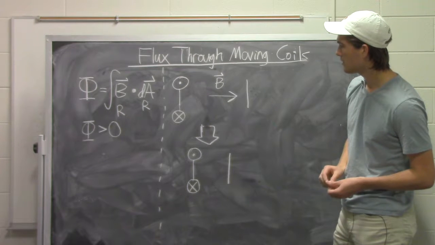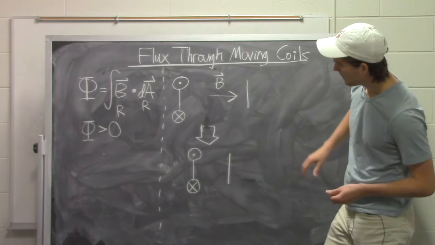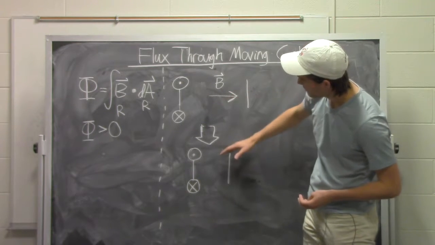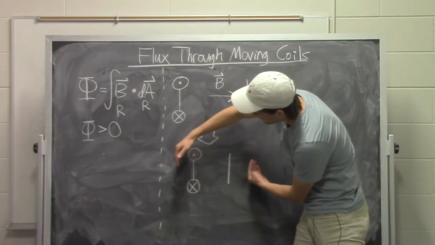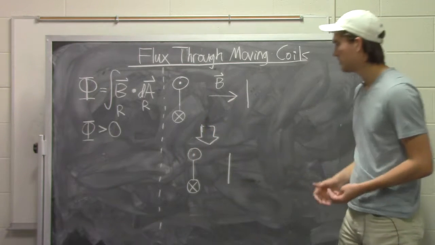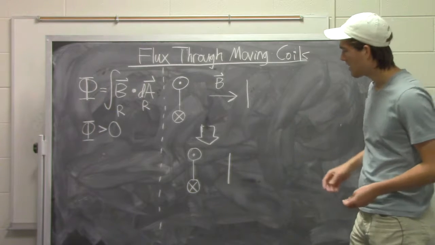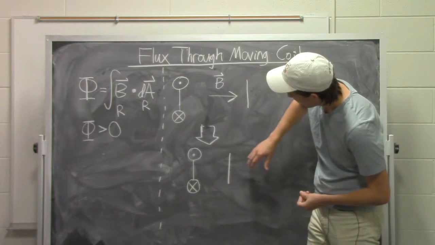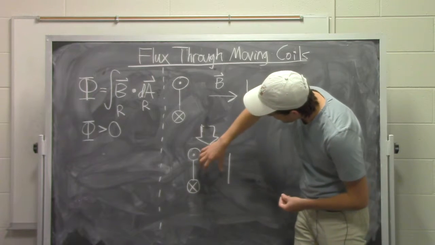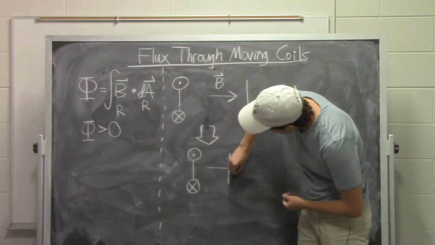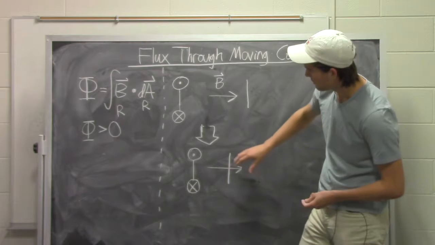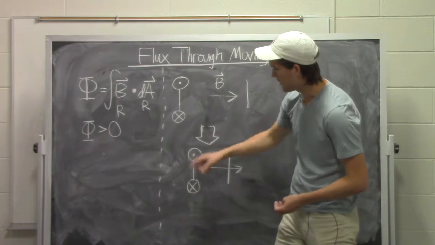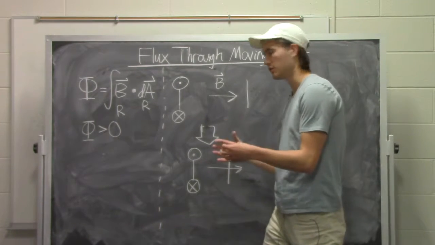So you can imagine that after some time, the rings begin to draw closer to one another, just as in the example statement. And as they get closer, the magnetic field is actually stronger through this ring because the magnetic field near this loop of current is strongest closer to the loop.